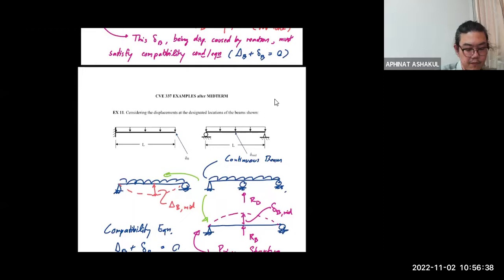So, resuming. When we talk about this, do you remember that we used to mention that if you know this deflection, and then you face the situation like this, the same but now with the support.